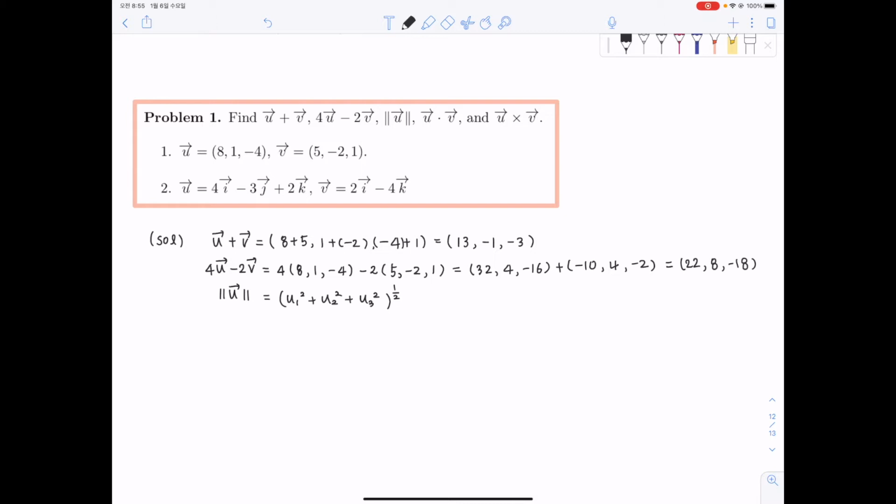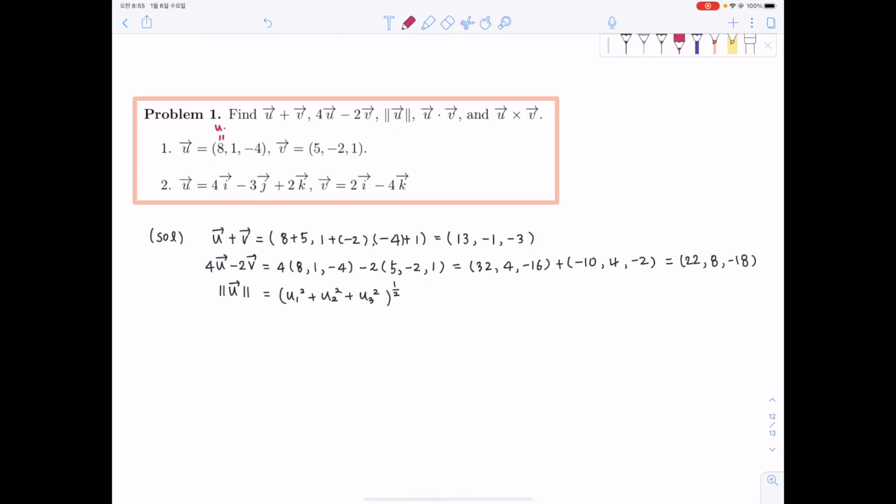Here u1 is 8, this is u1 and this is u2 and this is u3. So we can calculate it like u1 squared is 16 plus 1 plus 16. So it is 9.